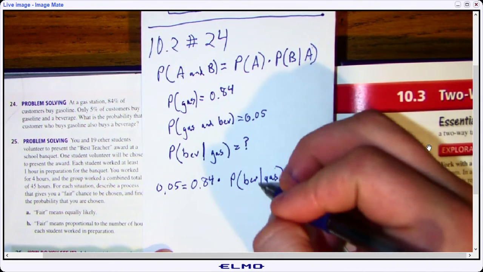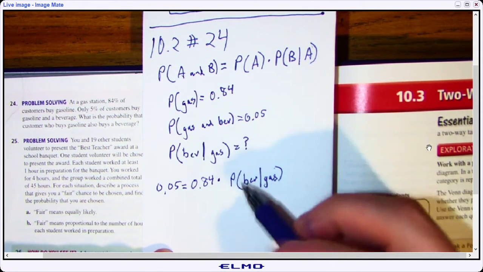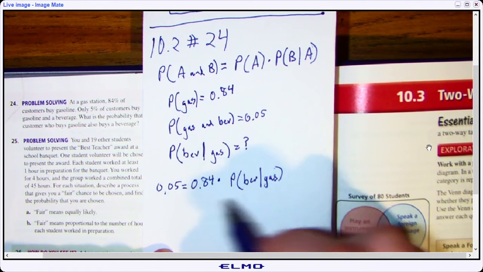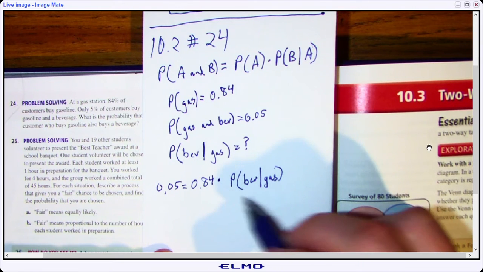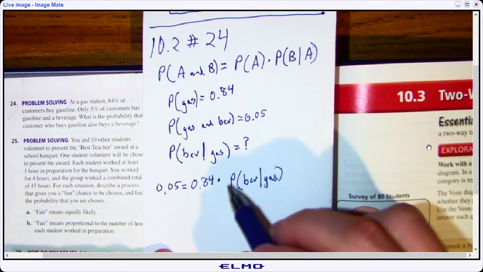And that's what we're curious about. That's what we want to know. We don't know this value yet. But now we have an equation that only has one unknown.